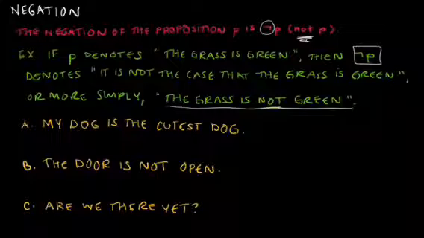So let's take a look at these few examples I have here, and then I want to look at some truth tables with you to make sure that this all makes sense. So the first one says, my dog is the cutest dog, which is a true proposition, by the way.